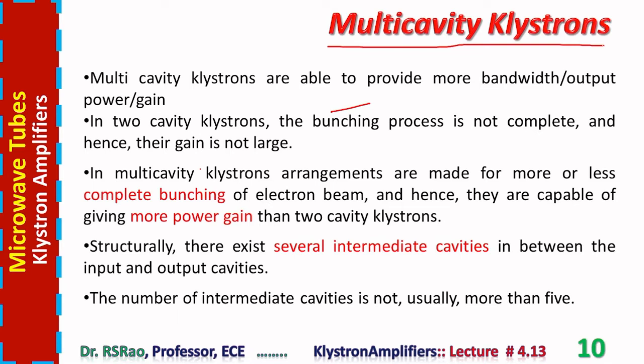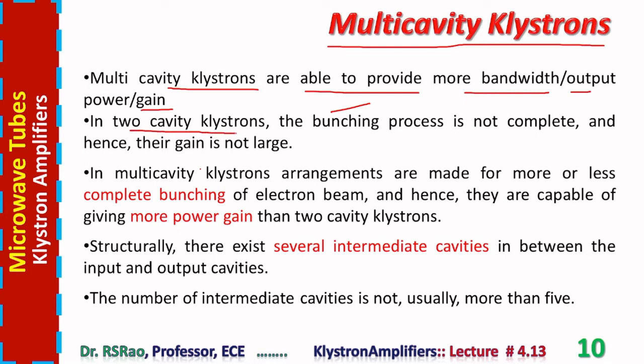Now, a few important points regarding multi-cavity Klystrons, given as introductory points. Multi-cavity Klystrons are able to provide more bandwidth, more output power, more gain. Not all, one only. They are able to provide more bandwidth or more output power or more gain.